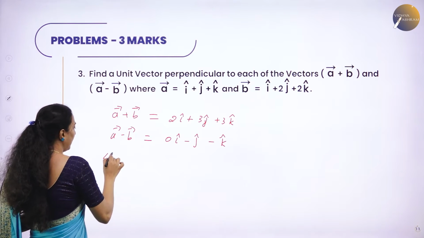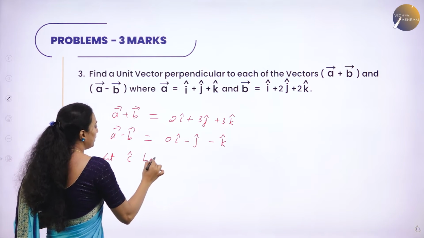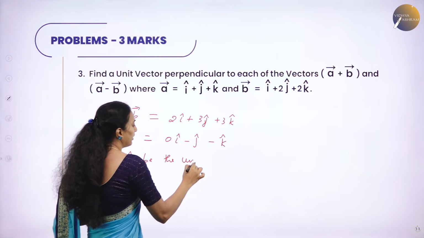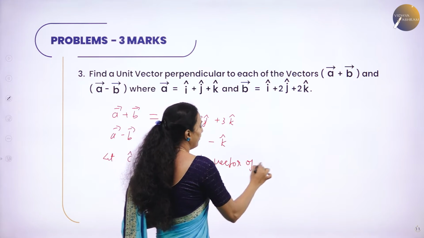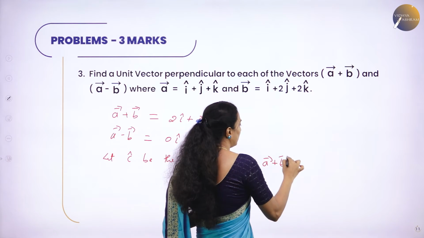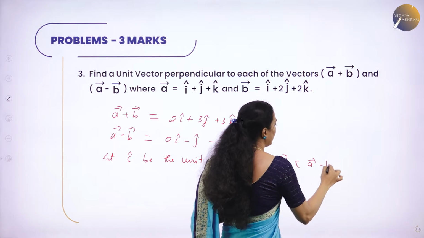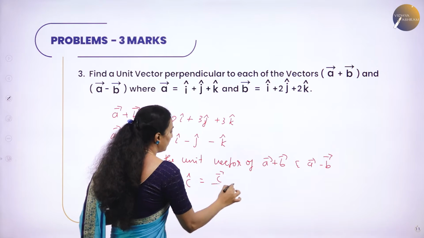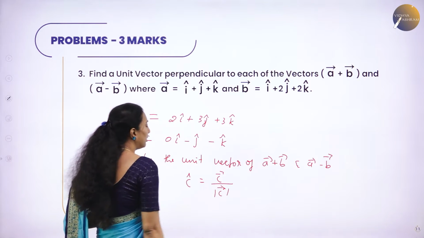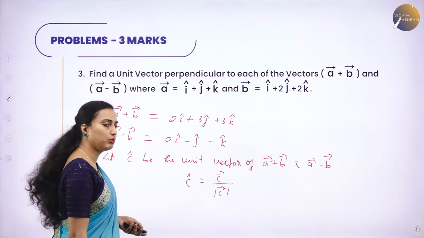Now let c cap be the unit vector of a vector plus b vector and a vector minus b vector. So c cap is given by c vector divided by the magnitude of c vector. That's what they've asked you to find, the unit vector.